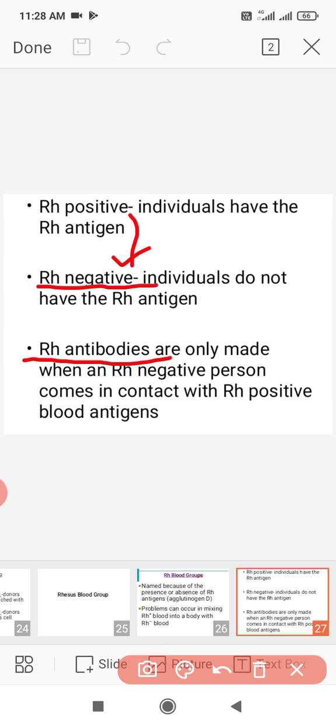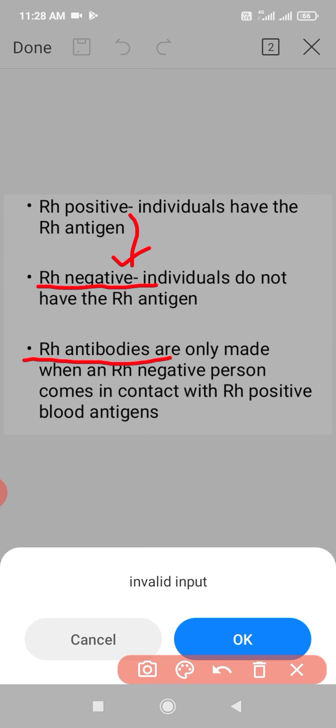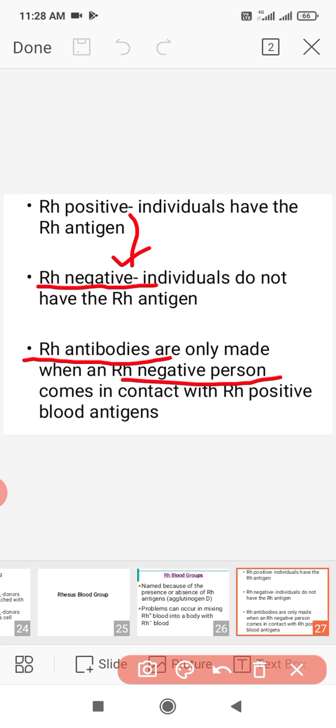Antigen D will be transferred to the RH negative person. At that time the person will develop RH antibodies. RH antibodies are only produced when an RH negative person comes in contact with RH positive blood antigen. Clear?